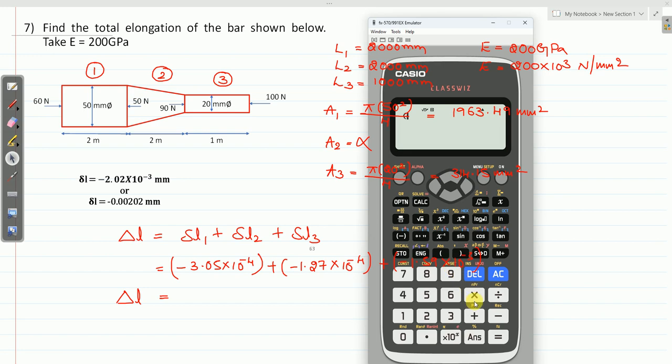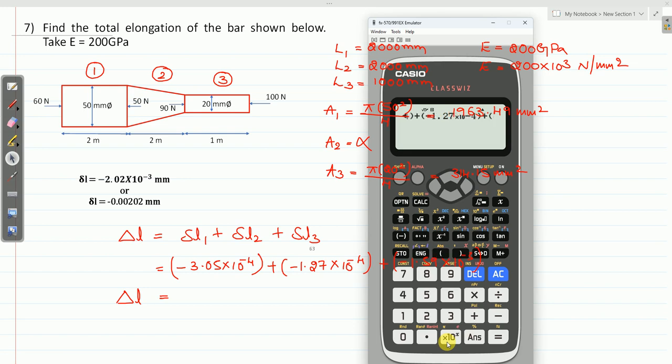So first it is minus 3.05 into 10 raised to minus 4. Next minus 1.27 into 10 raised to minus 4.